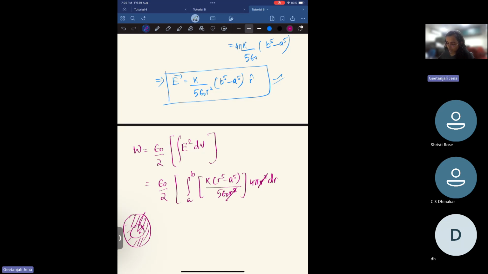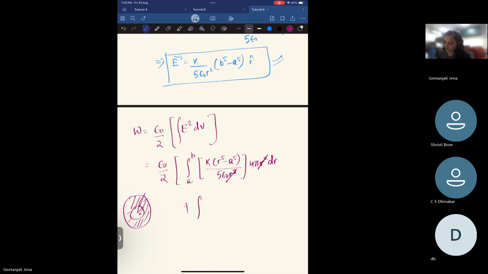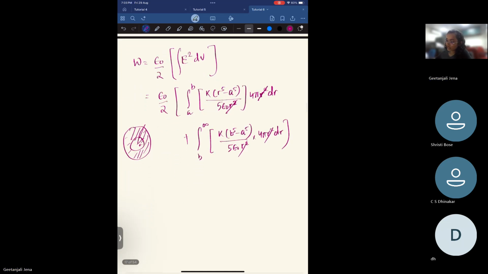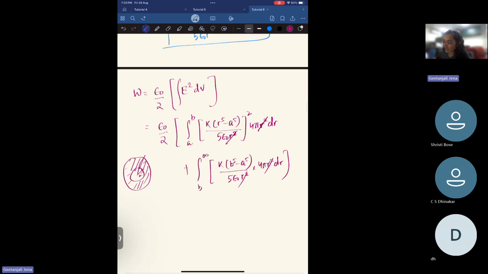And the other integration that we have is from B to all space, that is infinity. So in this region, the electric field is K b to power 5 minus a to power 5 over 5 epsilon naught r square, times 4 pi r square dr. R square will cancel.